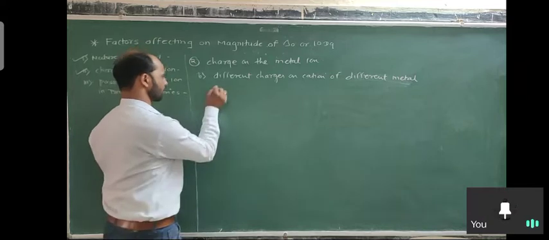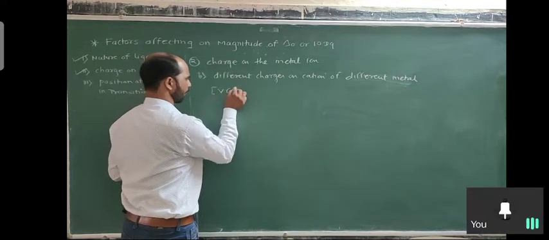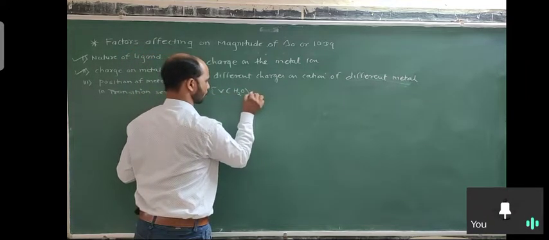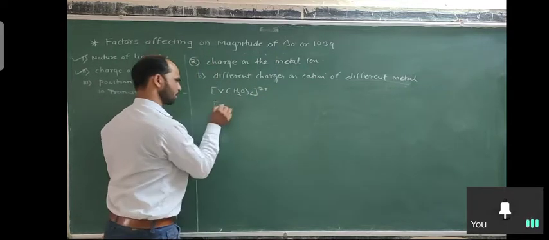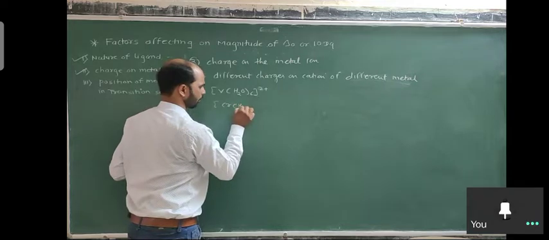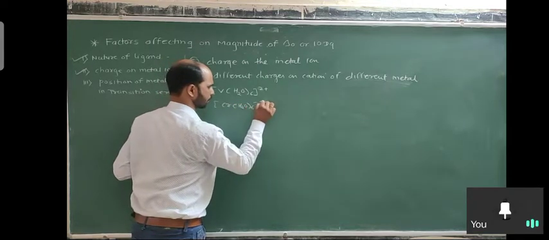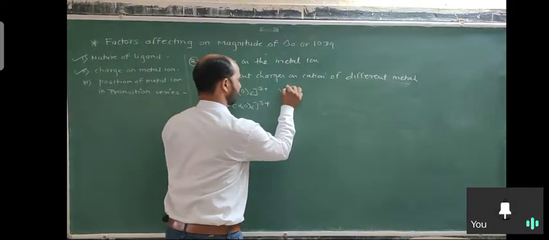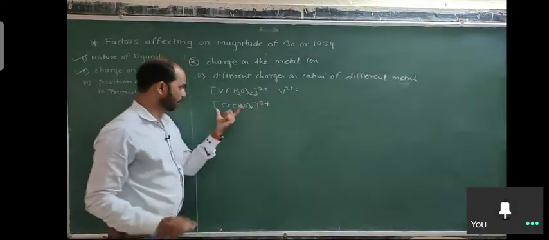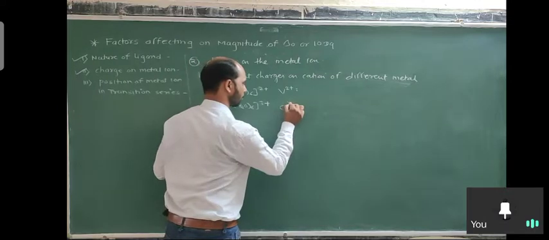For that we consider here vanadium H2O6, here 2 plus, and the next one is Cr H2O6 3 plus. So vanadium is present in the plus 2 oxidation state, and chromium is present in the plus 3 oxidation state.